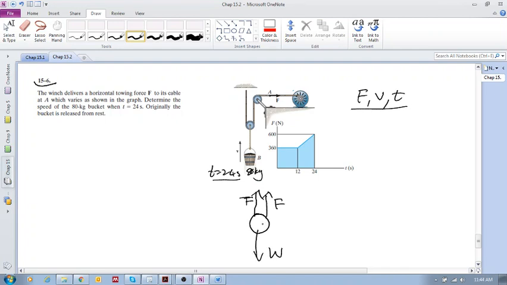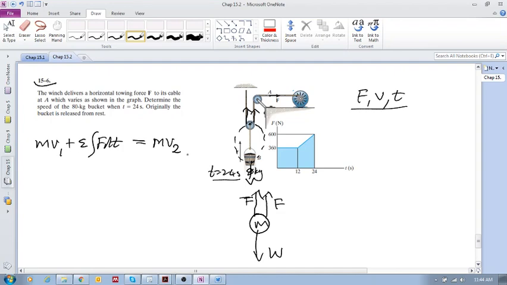There's our free body diagram. We've got the force acting up and the weight acting down. So we've got mv1 plus the sum of all the impulses is equal to mv2.